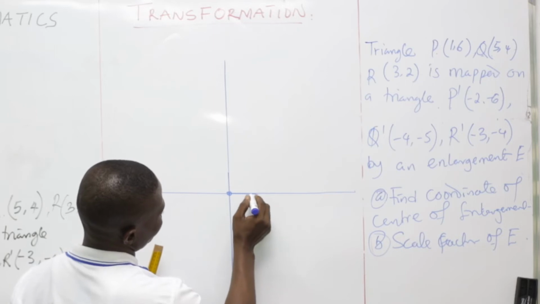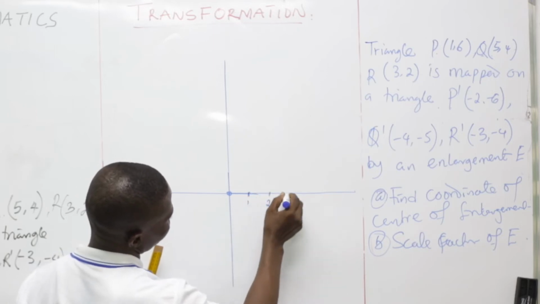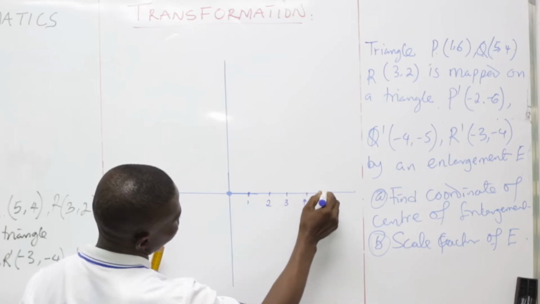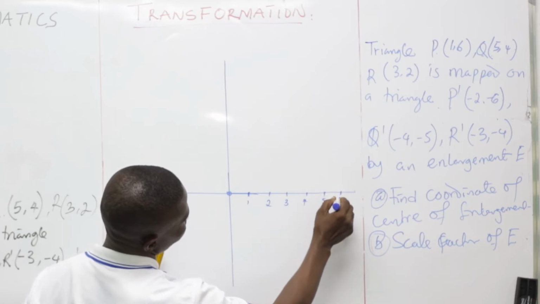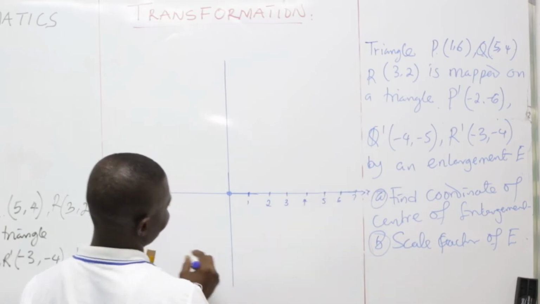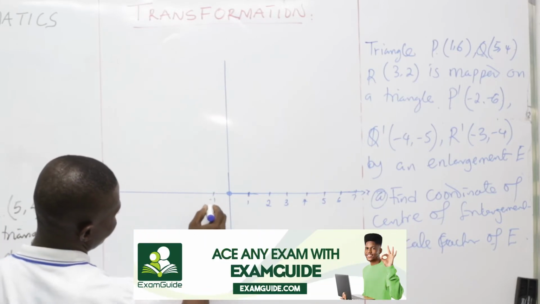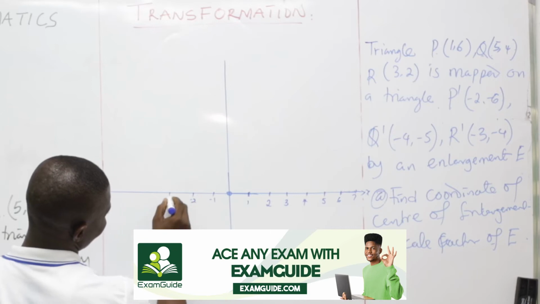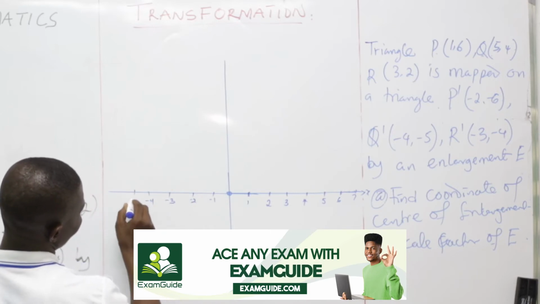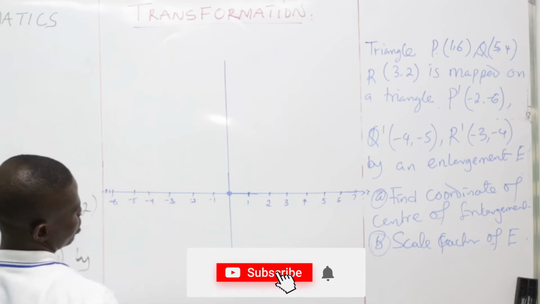This is 1, 2, 3, 4, 5, 6, 7. Minus 1, minus 2, minus 3, minus 4, minus 5, minus 6 on the x-axis.